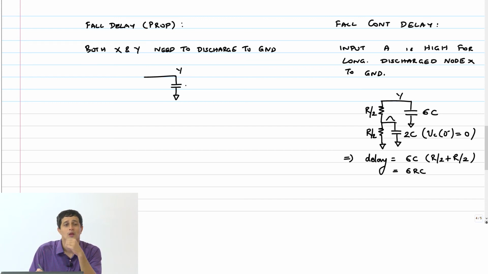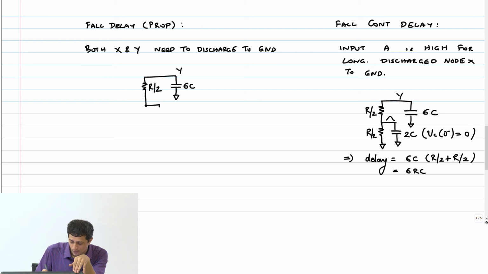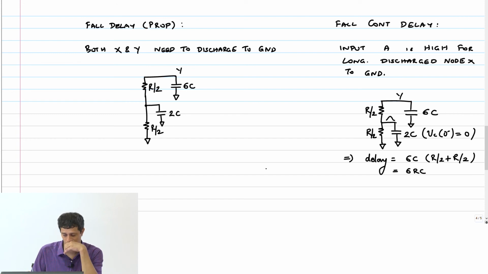So node Y, capacitance is 6C. I have a resistance of R by 2, 2C, R by 2. So what is the delay?